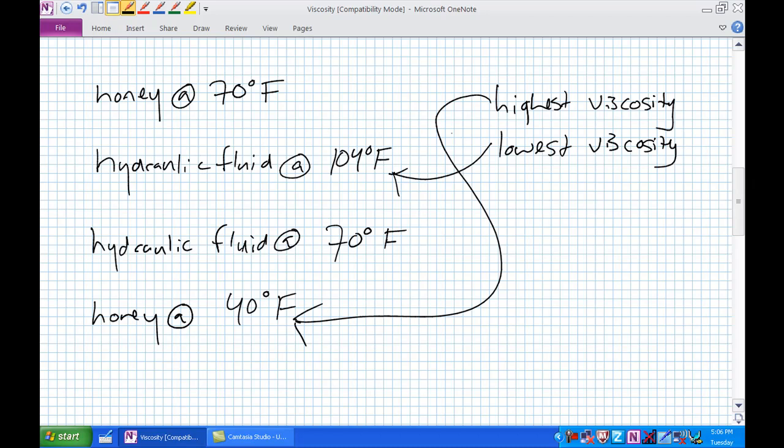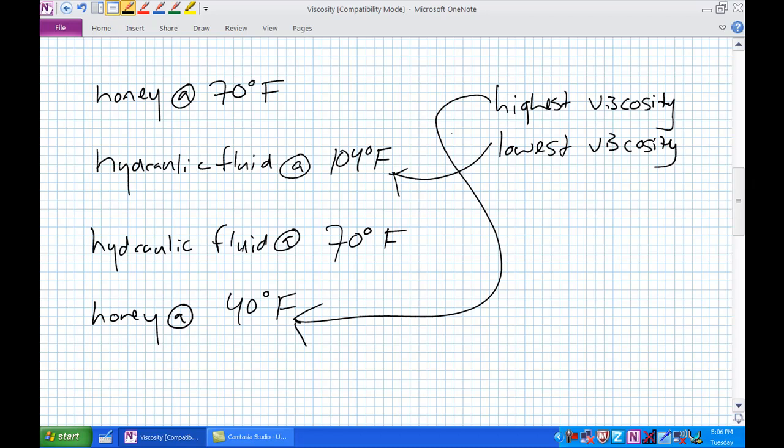But for hydraulic oil, basically, the more you heat it up, the easier to flow it gets, thereby viscosity decreases. Okay, that's a good question right there. If you heat up hydraulic fluid, will the viscosity increase or decrease? The answer is it will decrease because it becomes easier to flow.